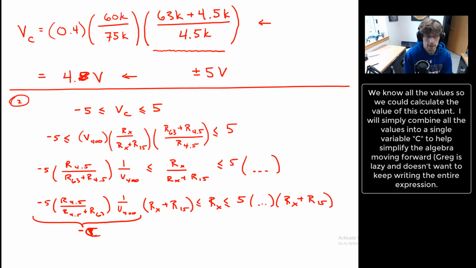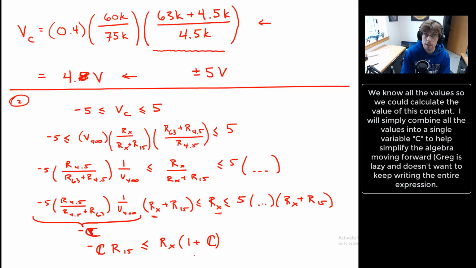So I'll call this a negative constant. So what do I have at the end of the day if I consider this left equation? I have this negative constant times R15 has to be less than or equal to Rx times 1 plus this constant. Right? If I move this constant times Rx, I have to move it to this side of the equation.